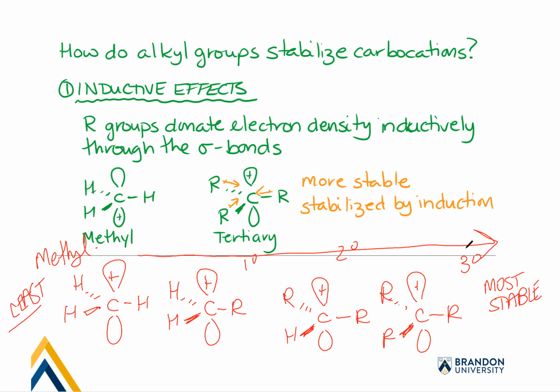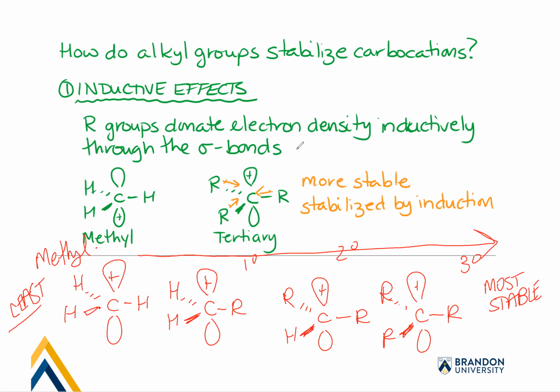Okay, so there's a couple reasons why, and this is one we brought up before. Some groups are electron withdrawing groups, like the more electronegative atoms. Some groups push electron density, so electron donating groups, and alkyl groups donate electron density through sigma bonds. So they're electron donors.